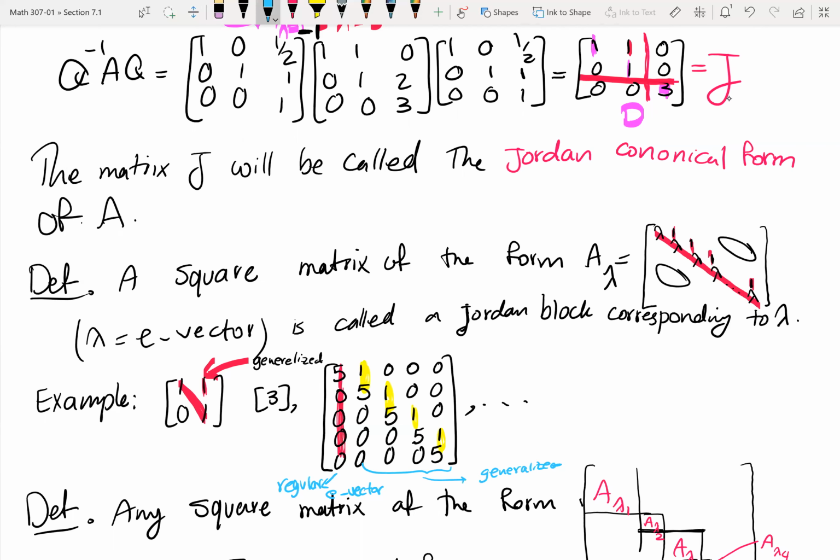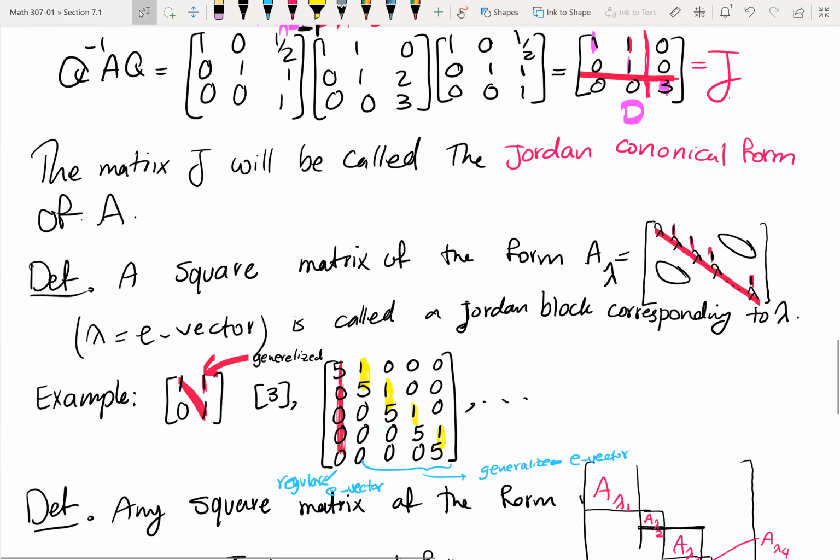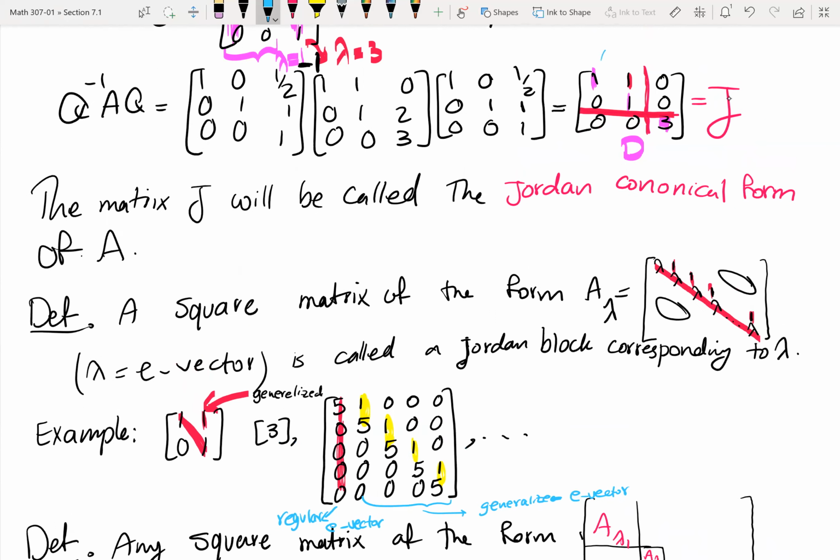What happens for your matrix, as I said, is that on top of that diagonal entry you will get the 1 when you have the generalized version, if you have the higher power. And then you can guess what the power is, right? Here your power was A minus lambda I to the second, because your block is 2 by 2.